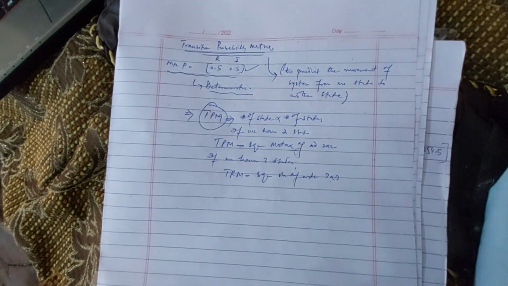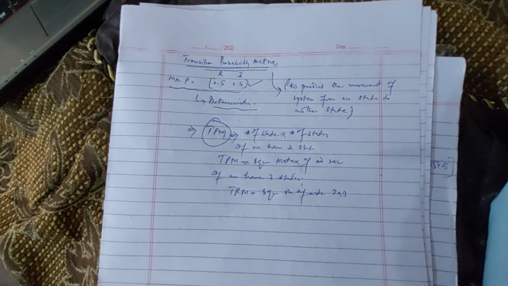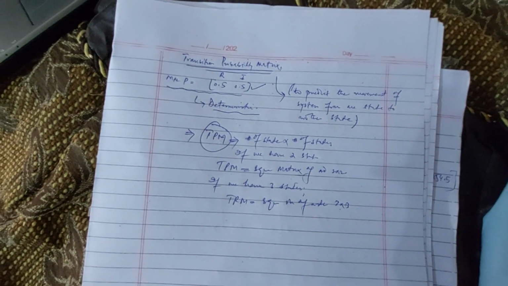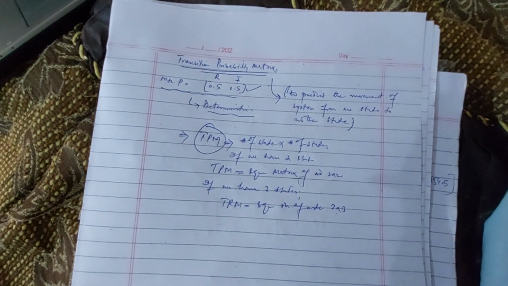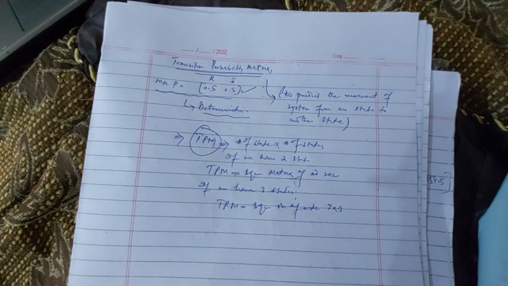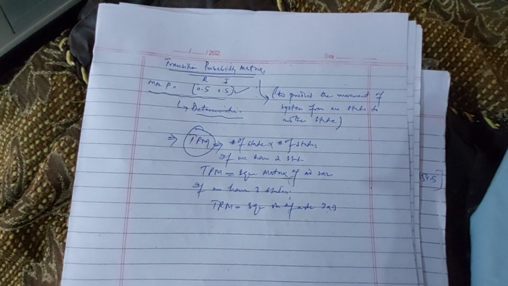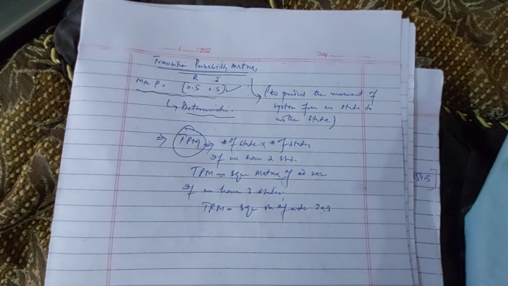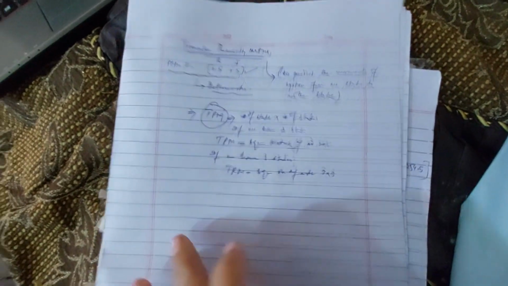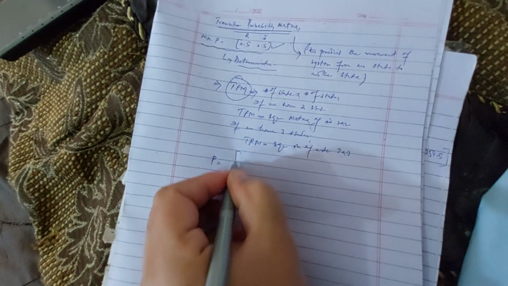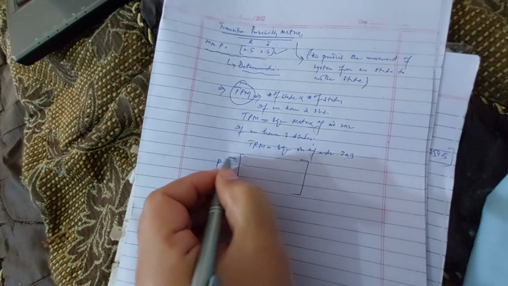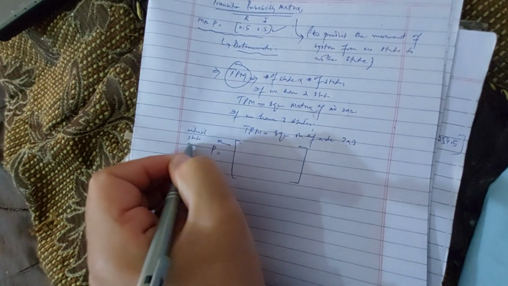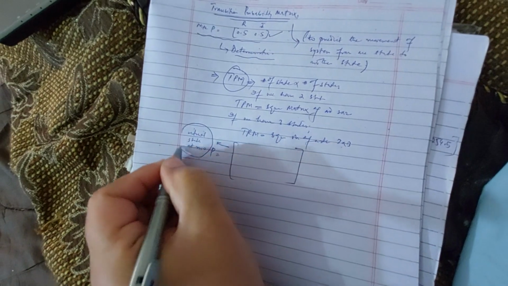TPM is always a square matrix because it has the probabilities of going from the initial states to the final states. The number of initial states is equal to the number of final states, so that is why it is a square matrix. It is denoted by P equals, and these are the initial states at n equals 0.